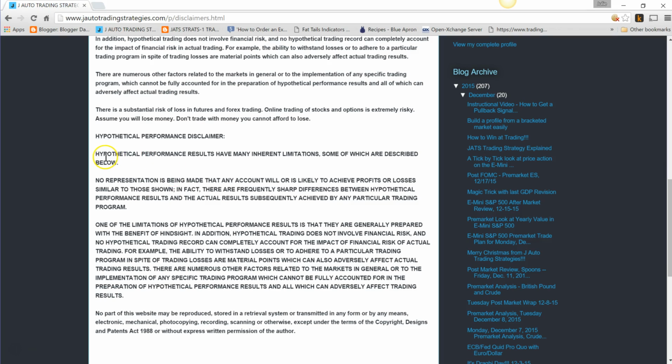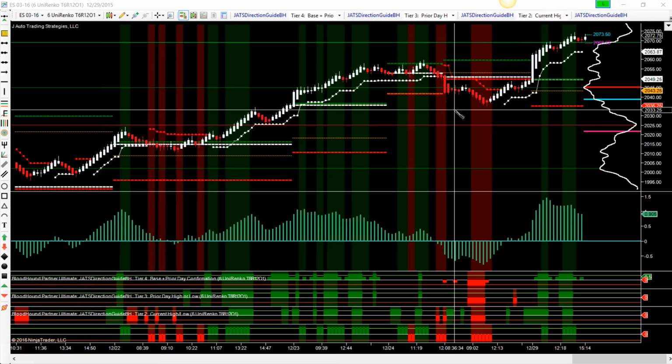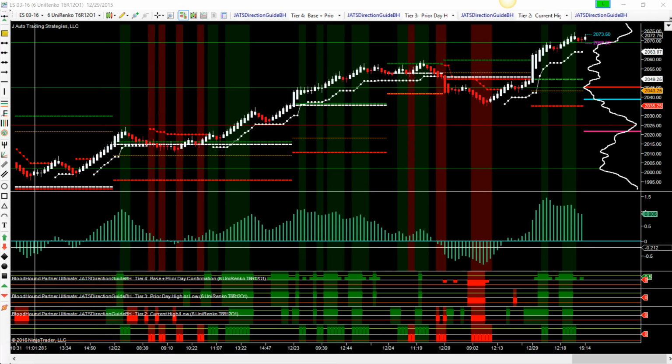Please keep this in mind throughout these charts, that past performance results and hypothetical performance results do have inherent limitations. No representation is being made that any past performance or chart pattern will repeat in the future. So please read these disclosures and disclaimers and the EULA on my website, the Standard User License Agreement.